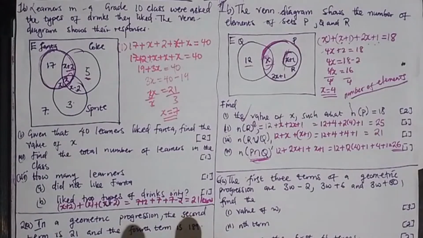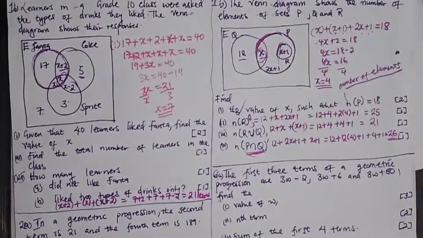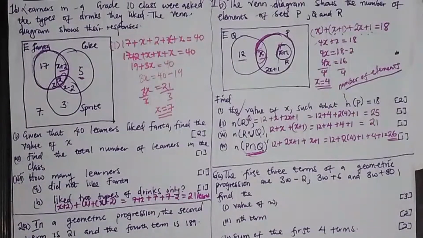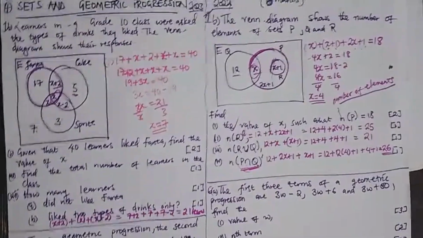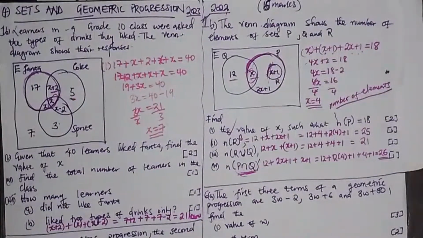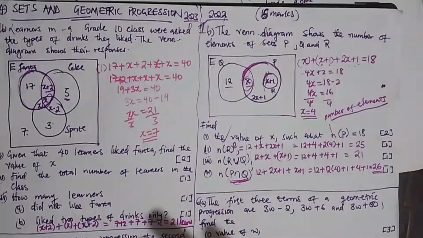For this topic, geometric progression and probability, we are going to do it in the morning tomorrow. So this is where our live session for the first part, how to get 34 marks, ends.